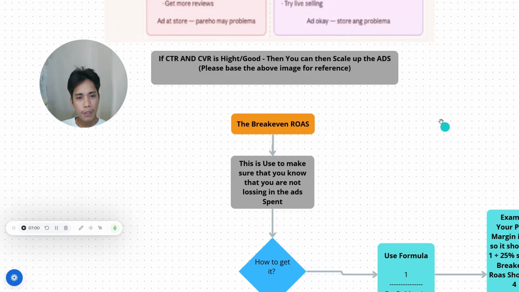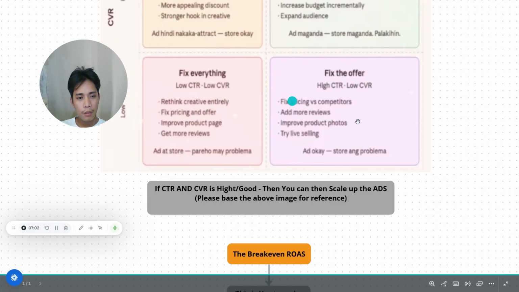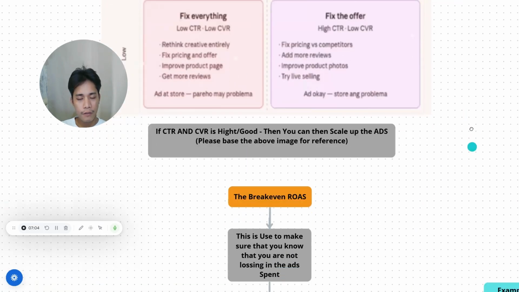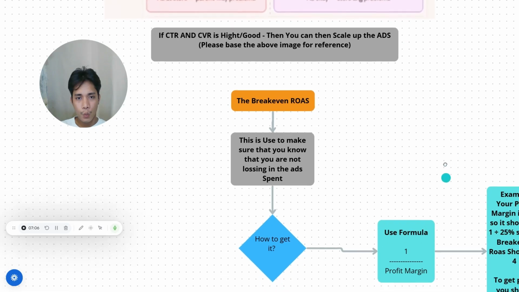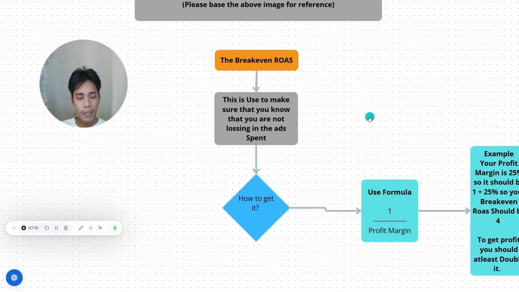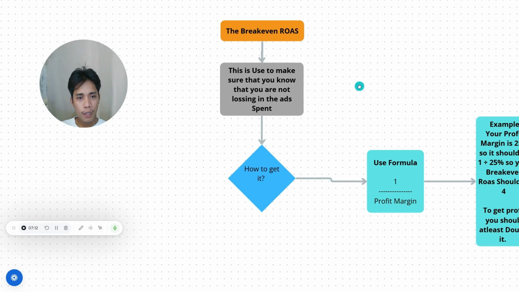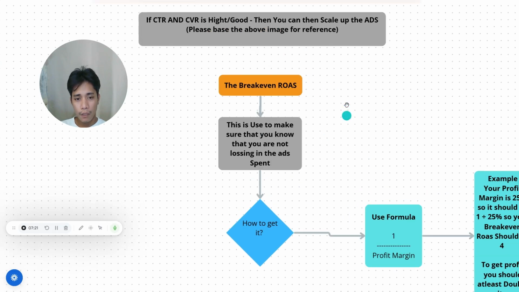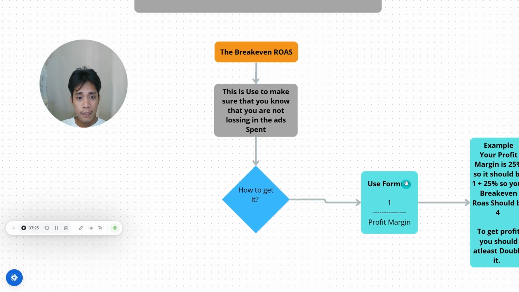So that's about how to run ads on GMV Max. How are you going to make sure that your ads are going to be profitable? Right now, we're going to the break even ROAS. This is used to make sure that you are not losing on the ad spend.